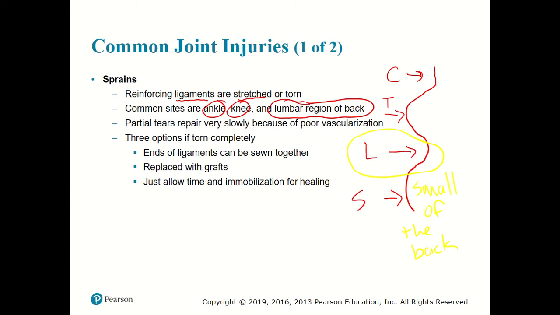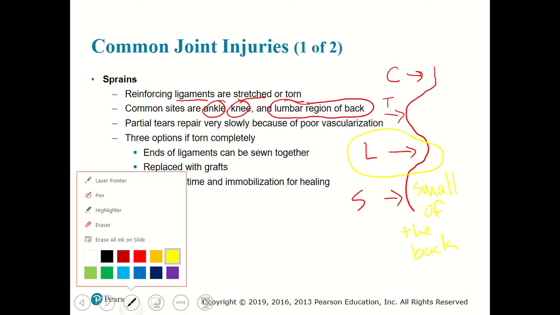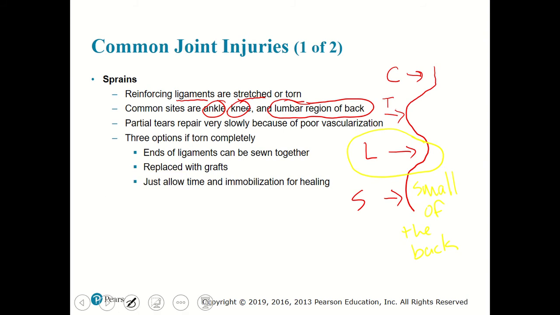Now that's a susceptible area of the backbone, and so we see a lot of pulling, either this way, or pulling in this direction, causing that spine to be out of alignment, causing some of the ligaments that hold the spine in alignment to be either stretched or torn, right?